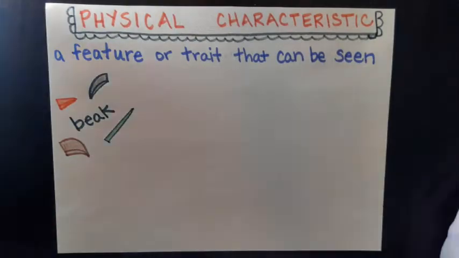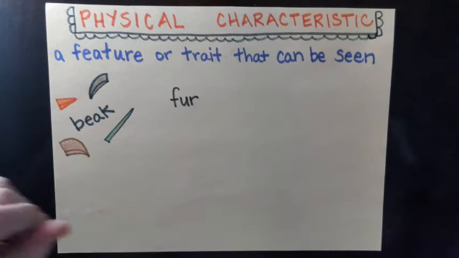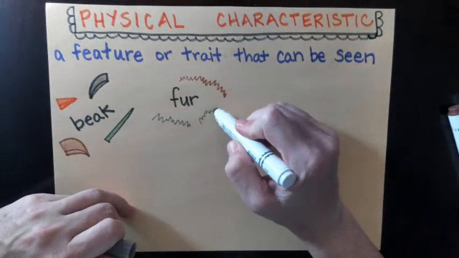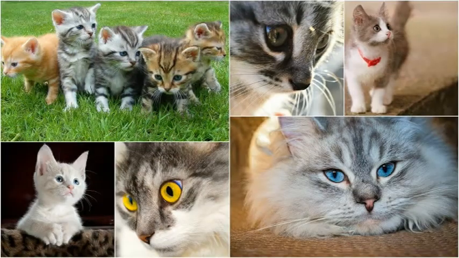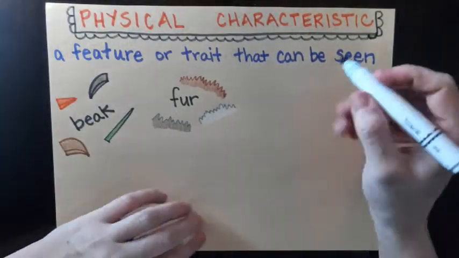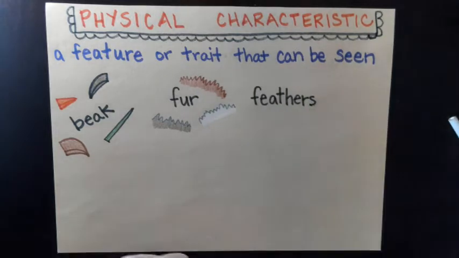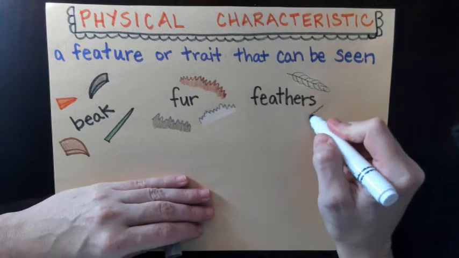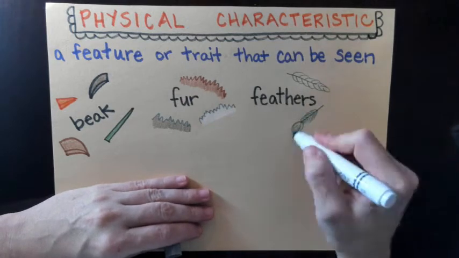Also, there are animals that have fur that cover the outside of their bodies, like dogs or cats or bears. Fur can look different from animal to animal, as far as the length of the fur, the thickness of the fur, the color of the fur, and it all depends on what that animal needs to help it survive in its habitat.